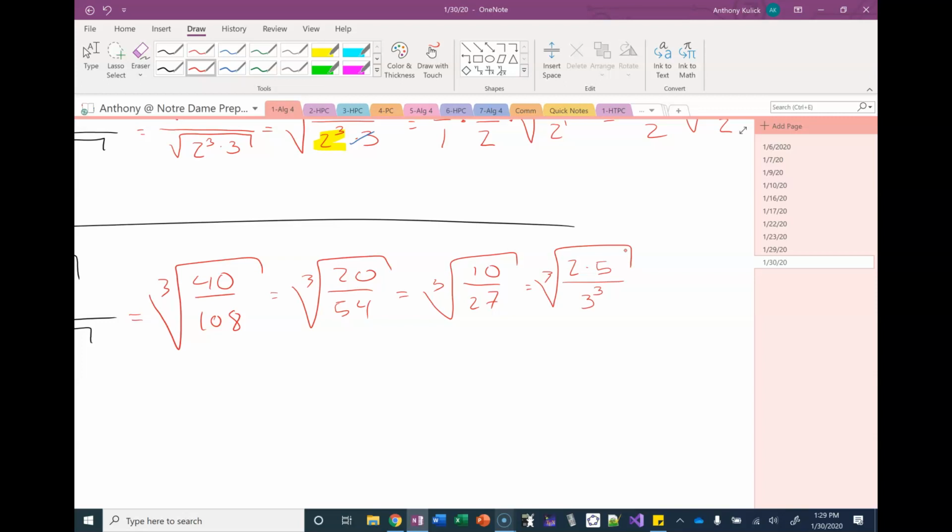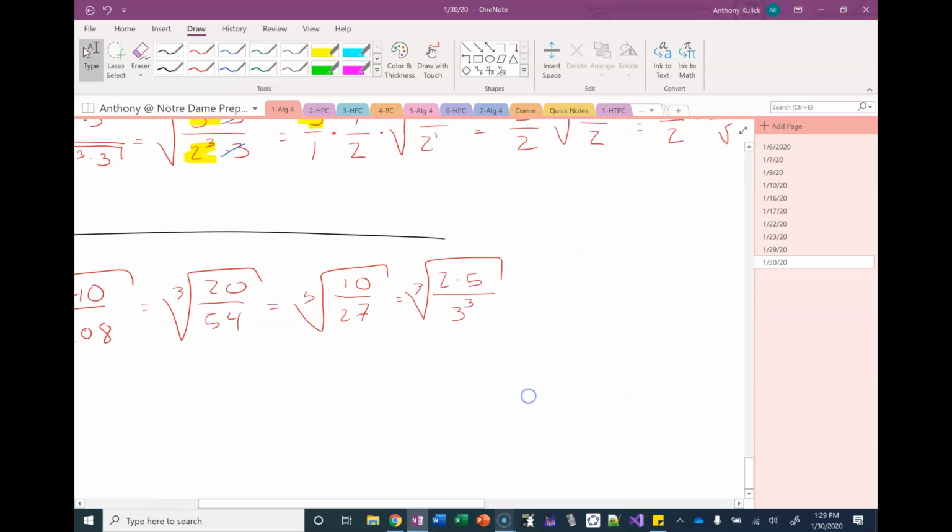Okay. Is there any exchanging we can do in the numerator? In the numerator, we have a 2 to the first and a 5 to the first. Is there any exchange that I can do in the numerator? No. How about the denominator?